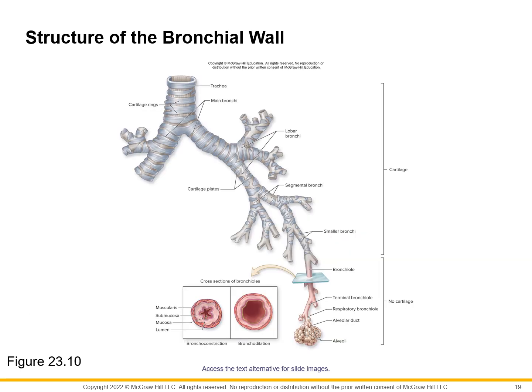Now let's look at the different branches of each primary bronchus. So here's the trachea, here's the carina. This is your right primary bronchus. This is the left primary bronchus.